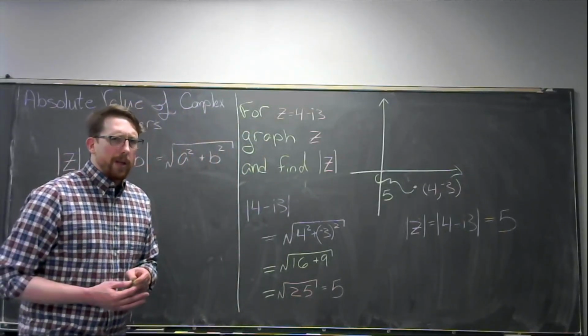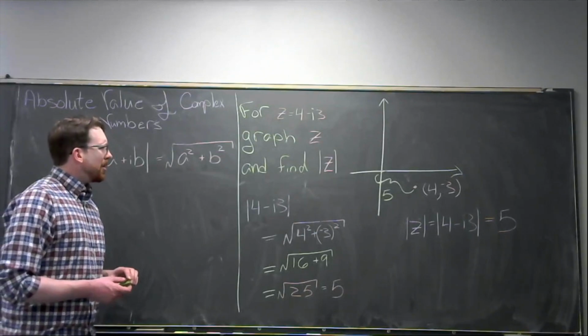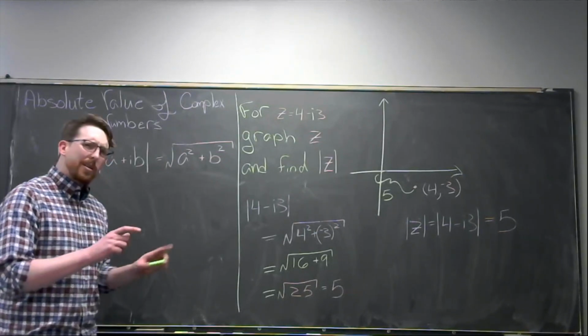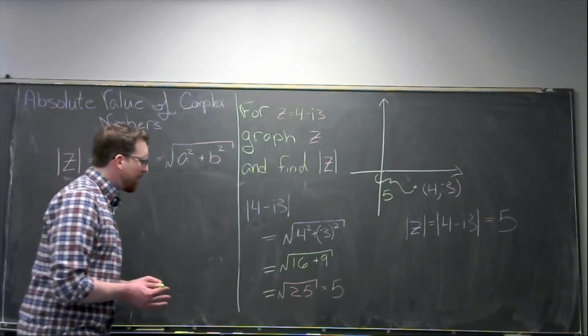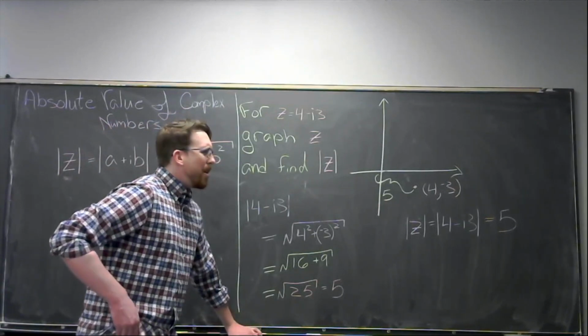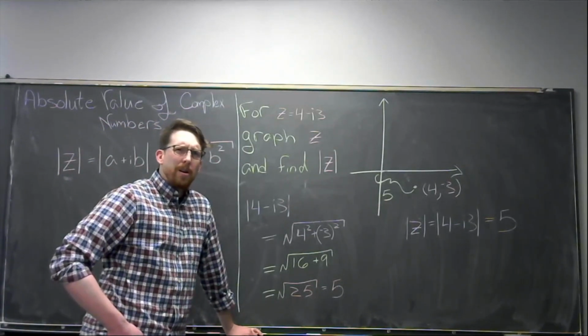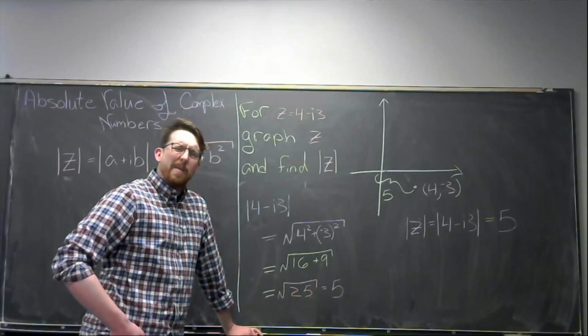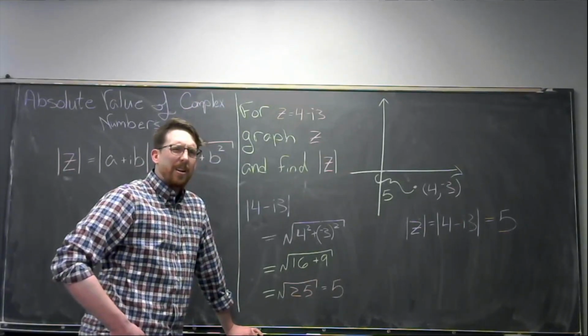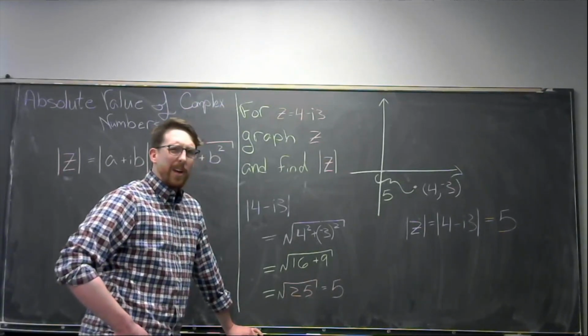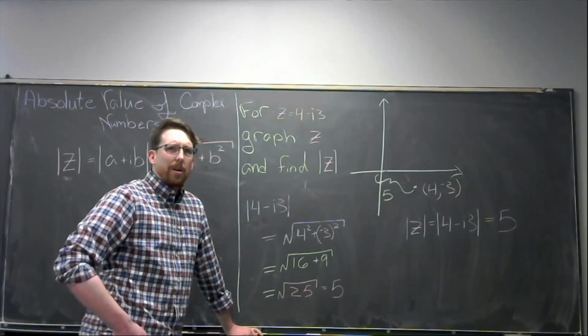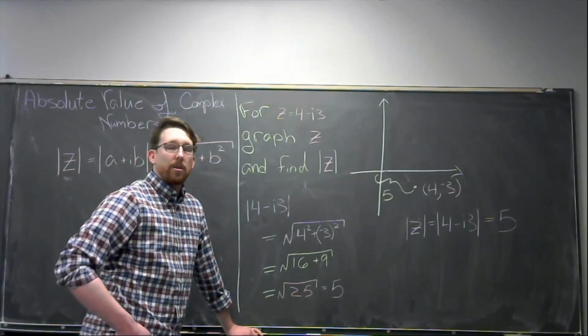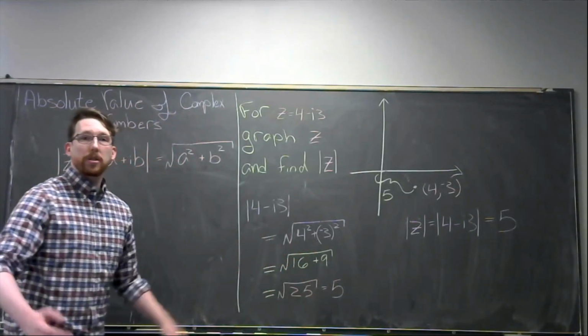So hold up, wait, let's think about that again. Let's take another second to digest this. That means these things kind of are acting sort of like vectors. Yeah, they are. Complex numbers are vectors of sorts.